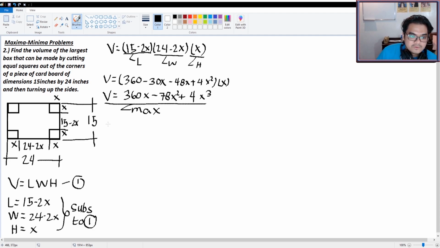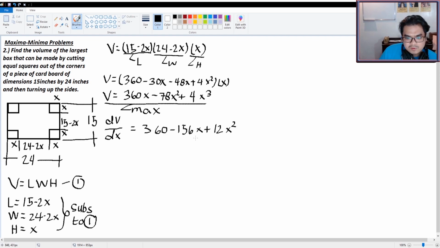Therefore, perform the derivative. So performing the derivative, you'll have dV, the derivative of the volume with respect to x. Therefore, you'll have here 360 minus the derivative of 78x squared, which will be 156x, so 78 times 2, that is 156x, plus 12x squared.